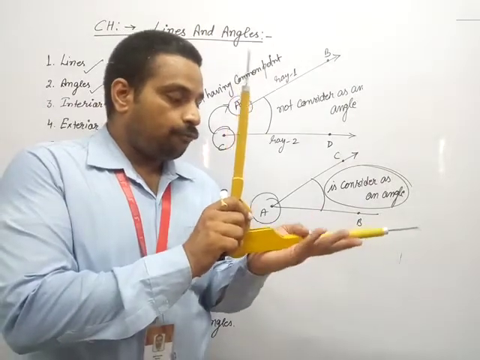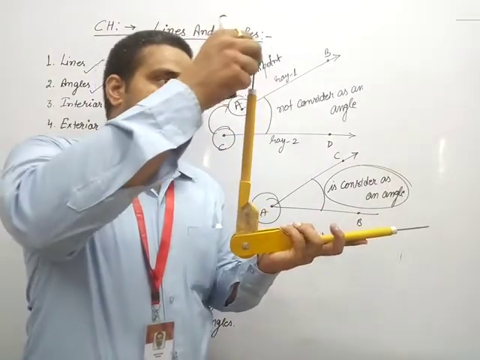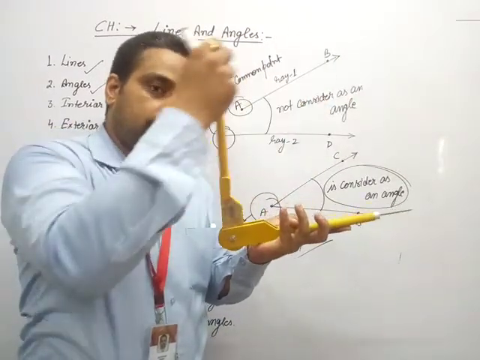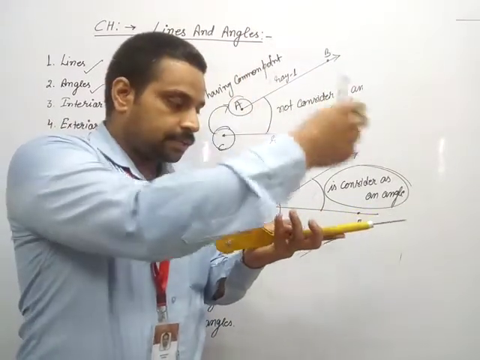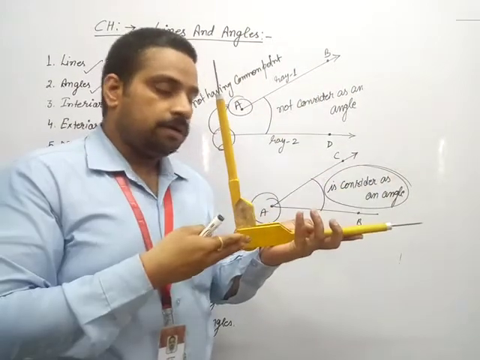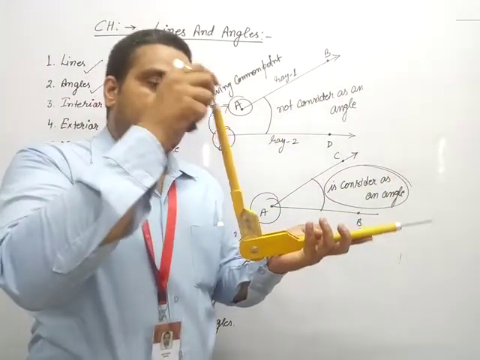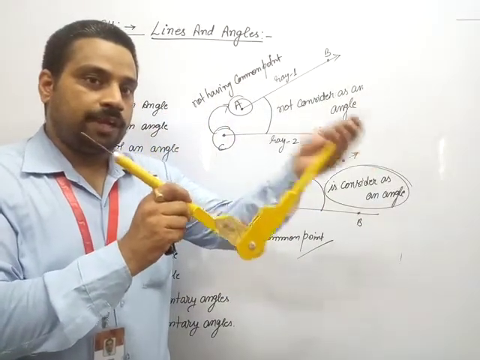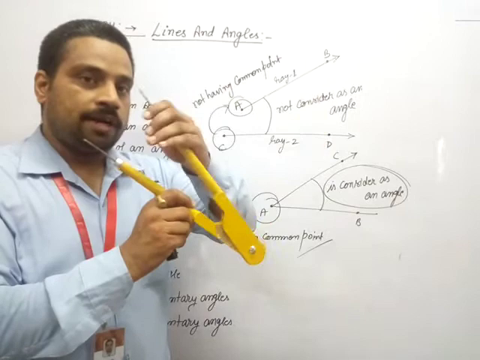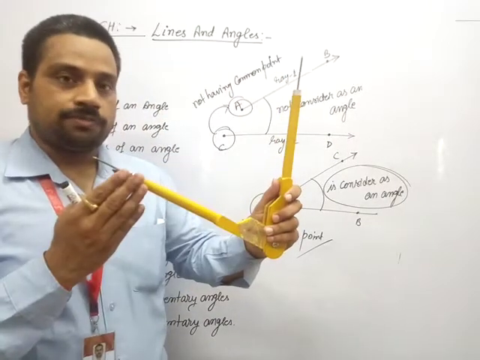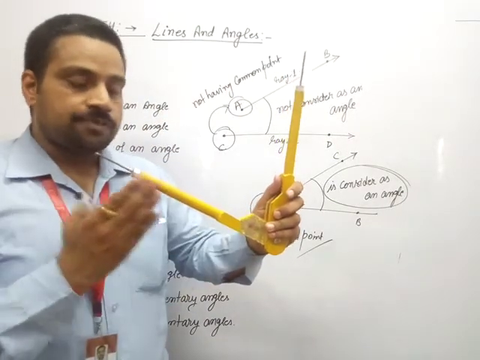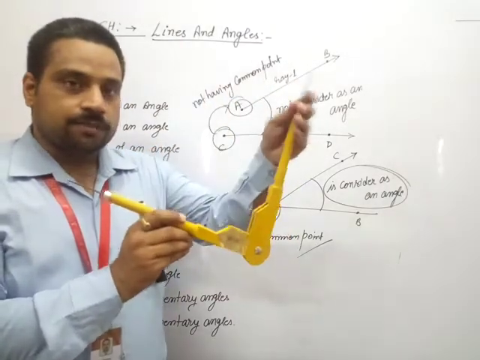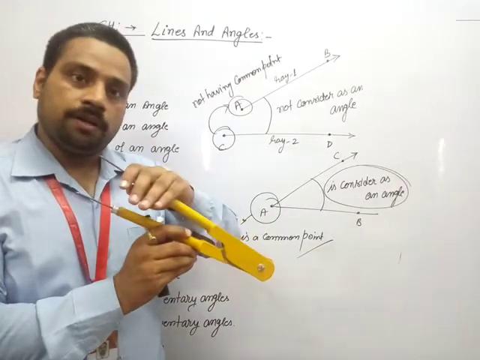If I fix this ray and take the movement of this ray, this becomes the terminal ray and this becomes the fixed ray. If I fix this one and take the movement of the other ray, then this is the terminal ray and this is the fixed ray. The fixed ray is called the initial ray and the ray which is moving is called the terminal ray.